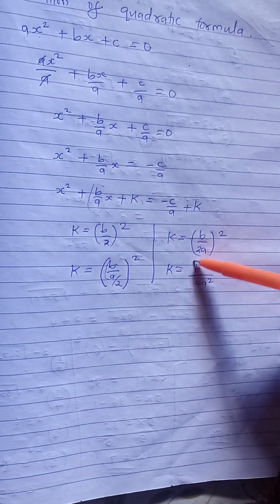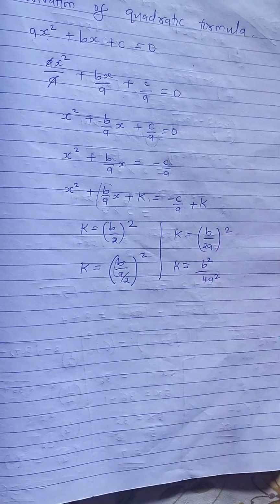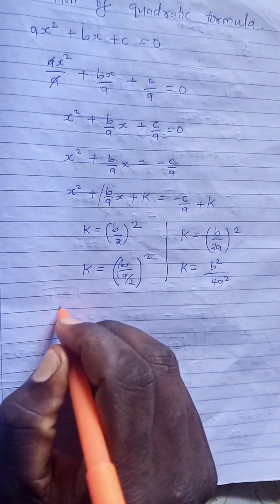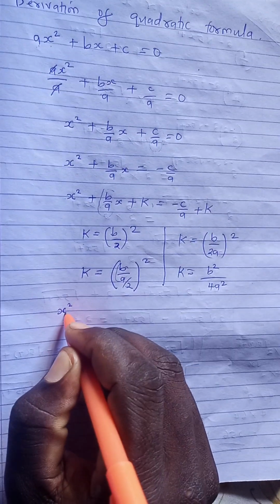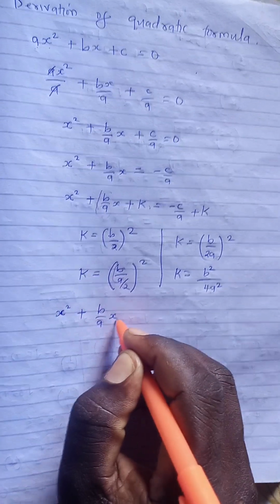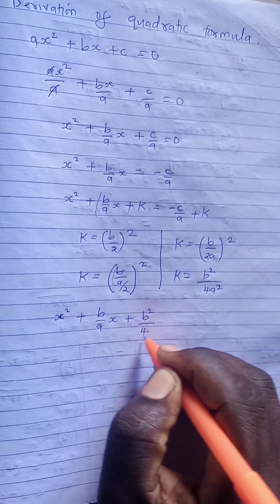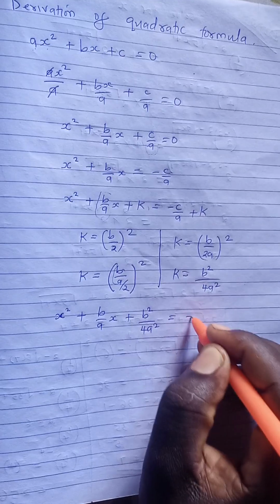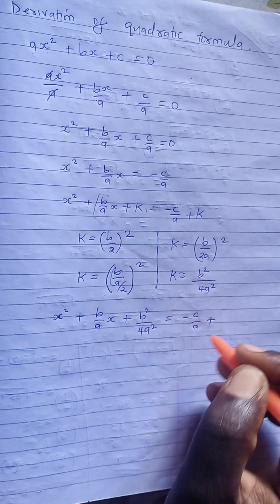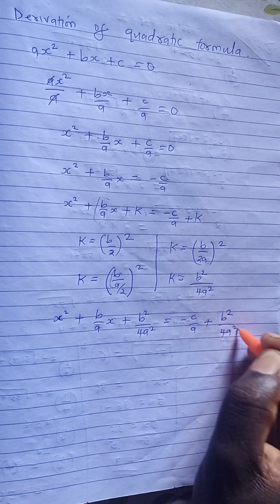Therefore, substituting the value of k with b squared over 4a squared, this will be x squared plus b over a x plus b squared over 4a squared is equal to negative c over a plus b squared over 4a squared.